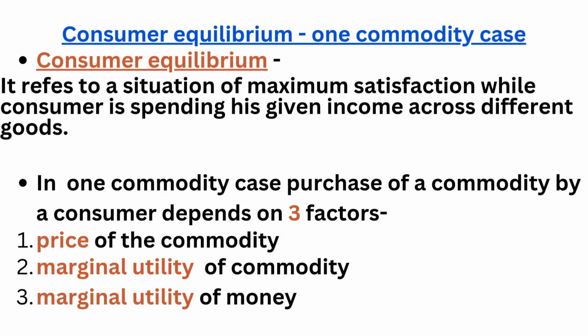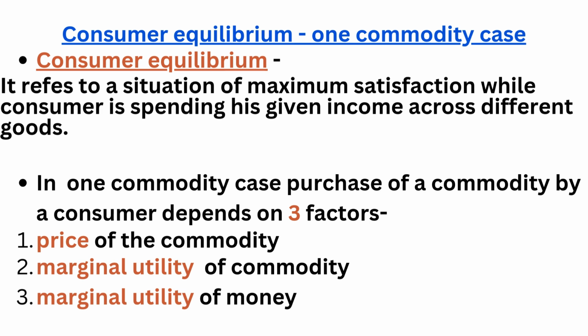In the one commodity case, first we will understand how many factors the purchase of a commodity depends upon, and what they are. In the one commodity case, the purchase of a commodity by the consumer depends upon three factors. Number one, price of the commodity.